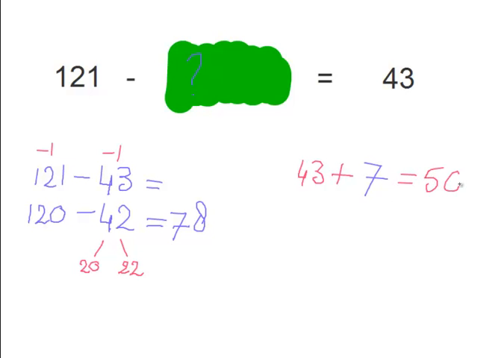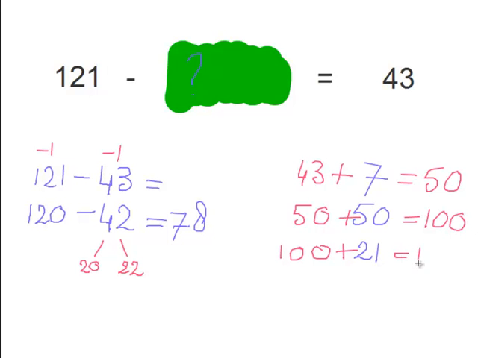Okay, so we have 50. And now we have 50 plus 50 equals, as you know, 100. And now 100 plus the 21 equals 121.